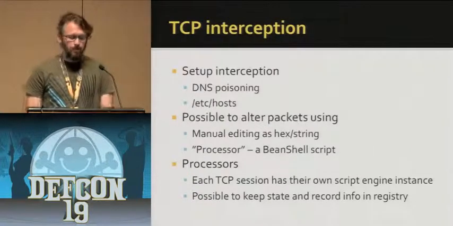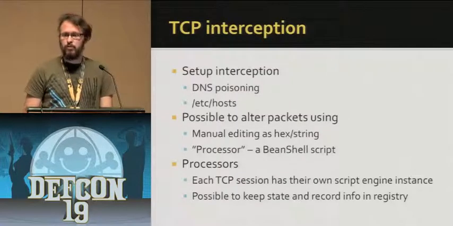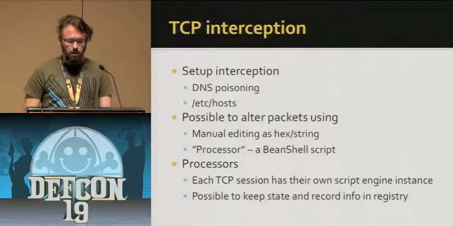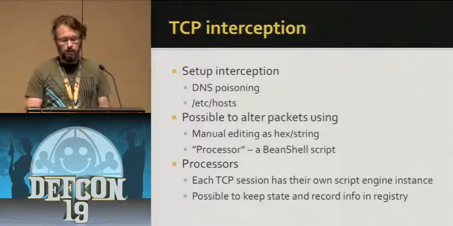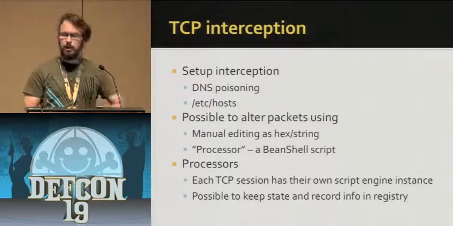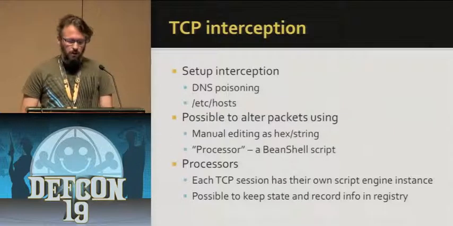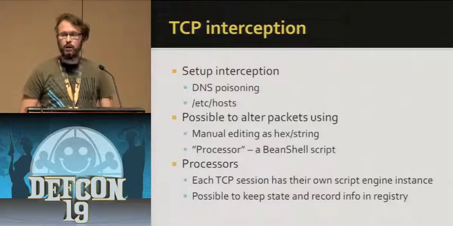So, TCP interception. We provide the possibility to intercept TCP traffic within this project. We provide two ways of doing it: either manual interception, where you intercept the packets and get an editor where you can edit the packet, or a scripted possibility, where you have different processors.